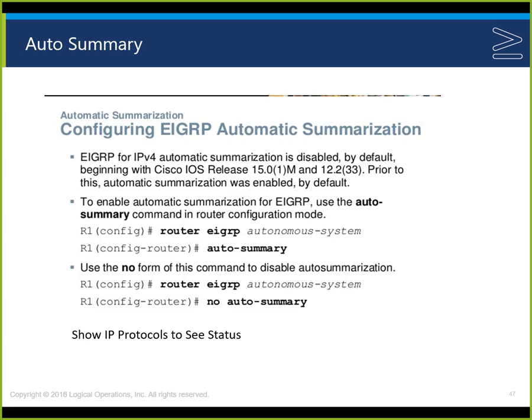So if we had subnetted a 10.60 network, or 172.16 as a class C, it will then automatically summarize to the 172.16 network address. If we don't want it to do that, we want to keep the networks separate, the no auto summary will do that.